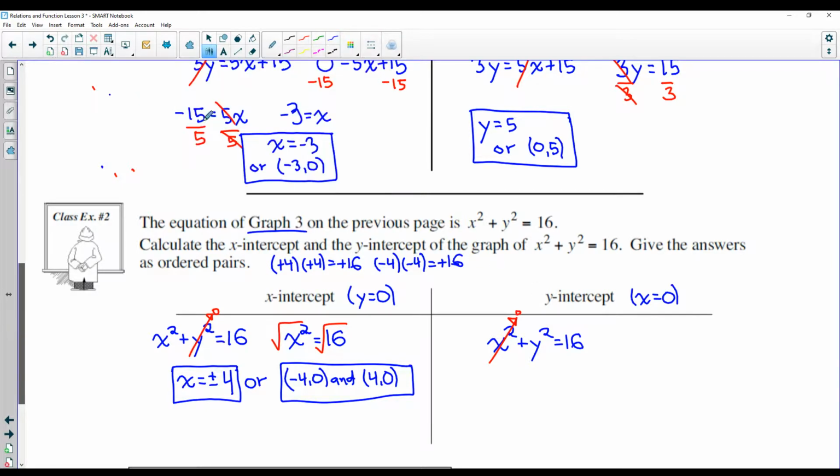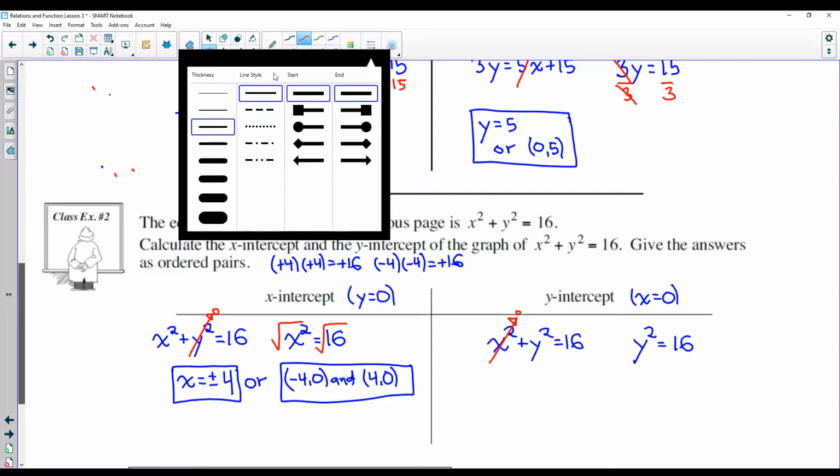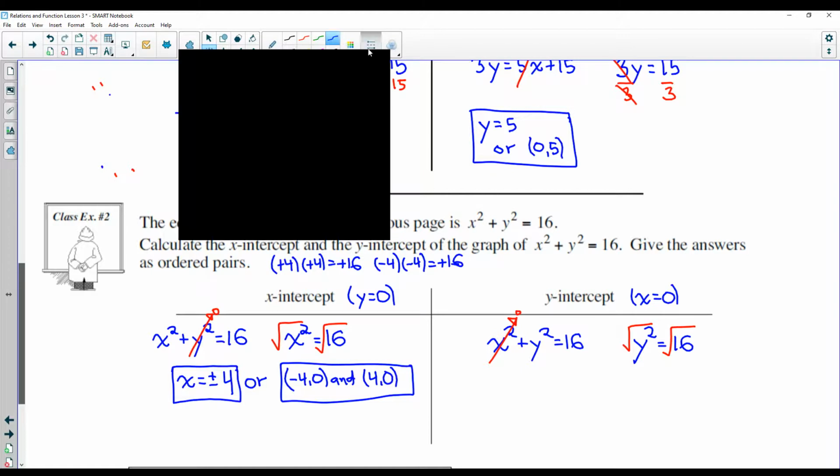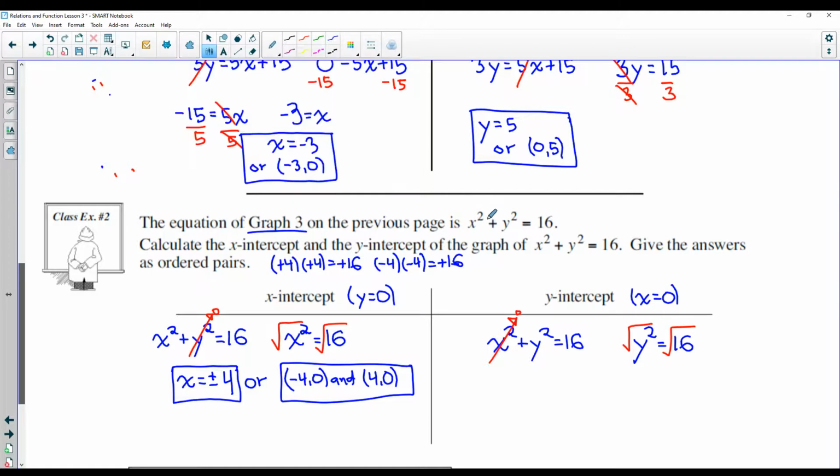And then this will just leave me with y squared is equal to 16. Then take the square root of both sides to solve for y. Same thing, the square root of 16, we can actually look at both roots, the positive one and the negative one.